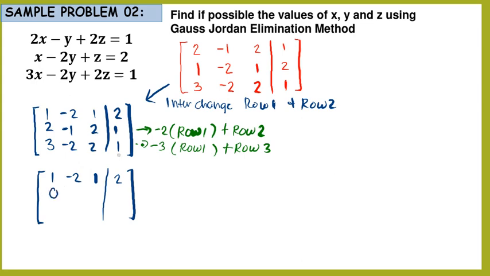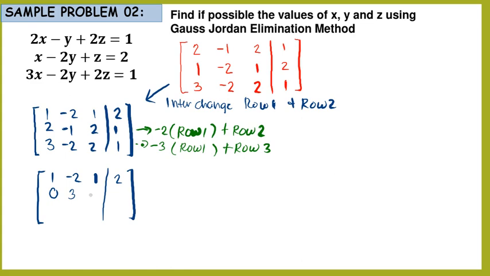The next, negative 2 times yung row 1 dito is negative 2. So, negative 2 times negative 2 plus yung element sa row 2 niya is negative 1. That will result to a value of 3. And then, yung sa third element natin sa row 2, we have negative 2 times yung row 1 natin is 1 plus yung row 2 that is 2.